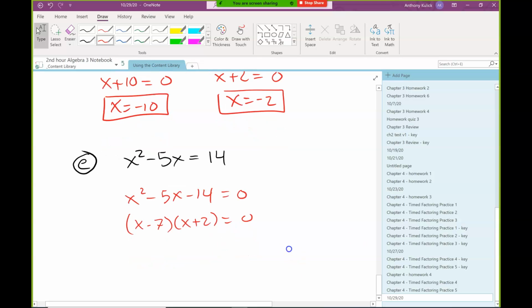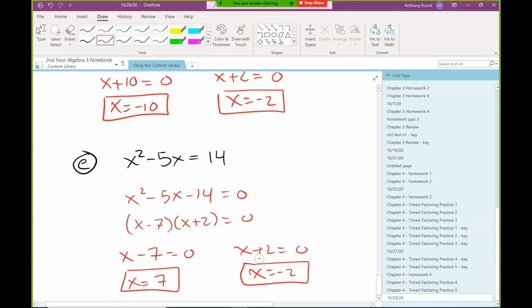Yep. And then I can just apply the zero product property. So I get x equals 7 and x equals negative 2. Feel okay there?